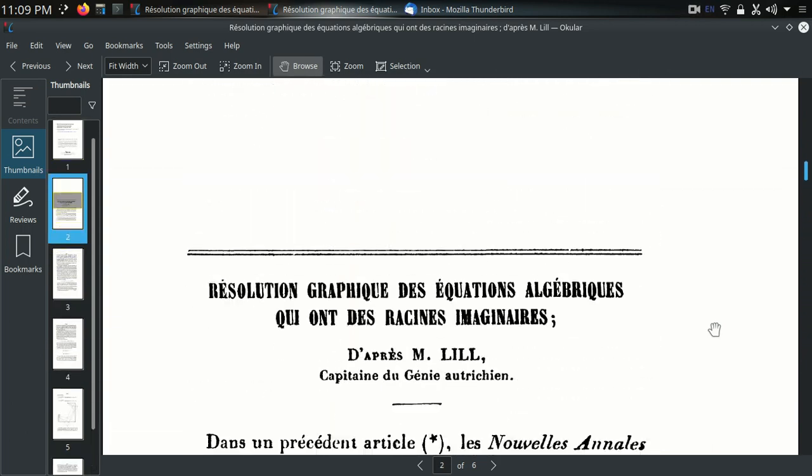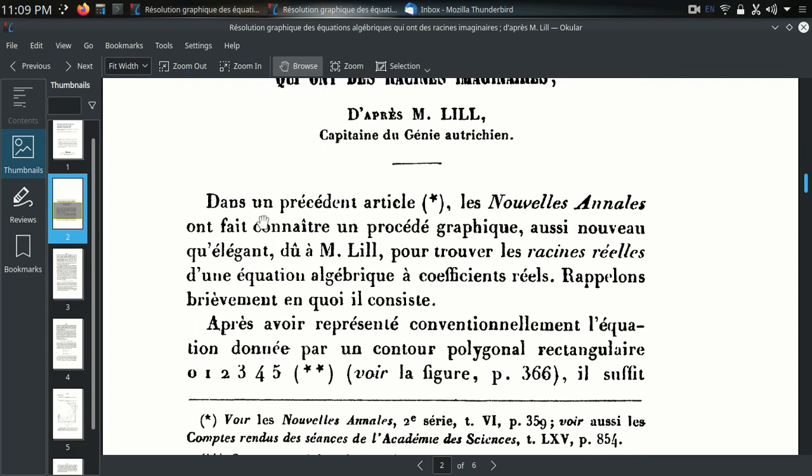Right? So up here, in a previous article, he showed a way to demonstrate this graphically. Yada yada, after having that representation.